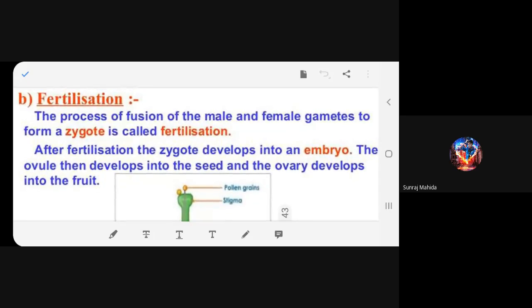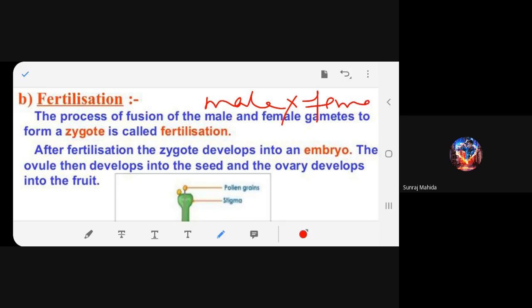Now we'll see what is fertilization. Fertilization is the process of fusion of the male and female gametes to form a zygote. So what is fertilization, beta? The male and female fuse, and what do we get? Zygote. What is the process? Fertilization.